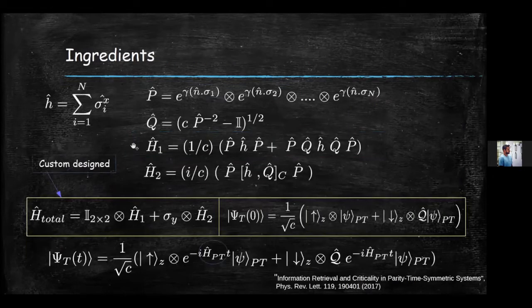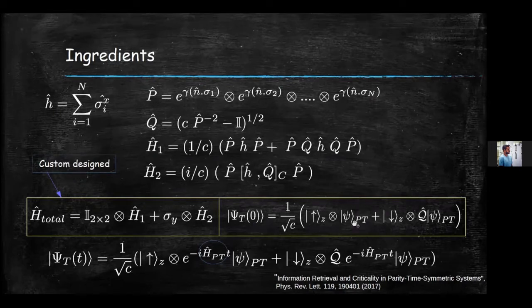Now that we have all the ingredients, we go ahead and write down these operators H1 and H2, which depend in turn on P and H, and then we again write down the total Hamiltonian in the larger Hilbert space, and we can do the same thing with the initial state as well.